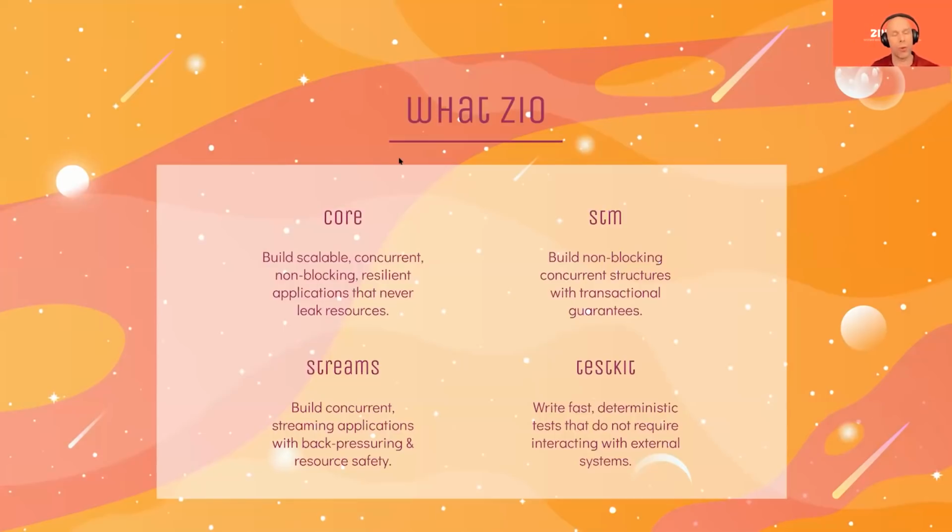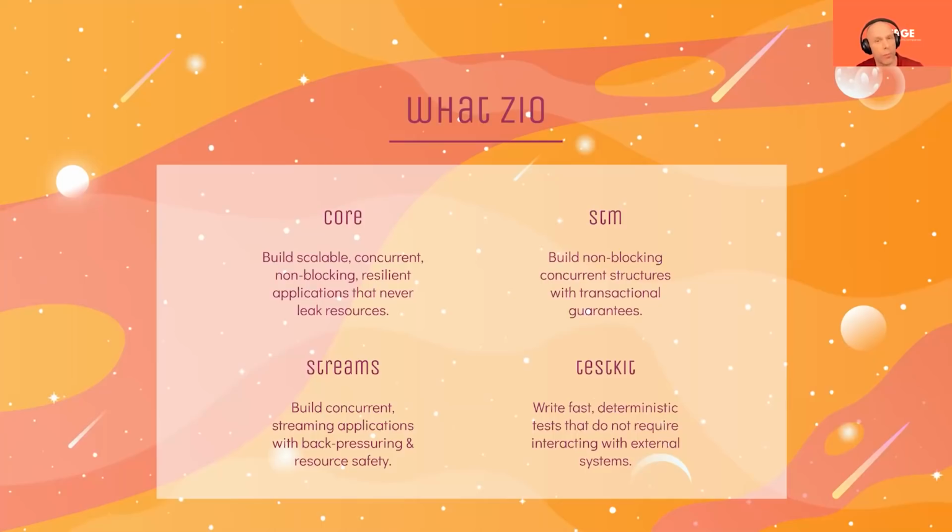The STM module helps you build non-blocking concurrent structures with very strong transactional guarantees without having to use locks and condition variables and other low-level constructs like that are prone to deadlocks and, in some cases, race conditions.